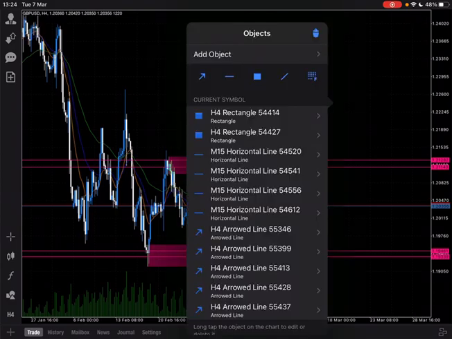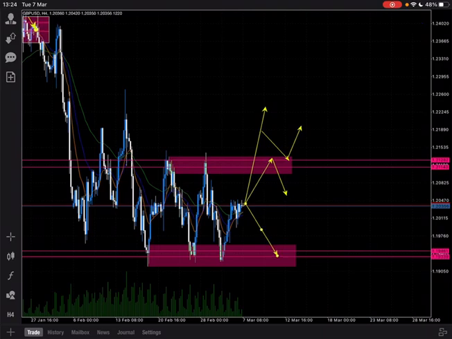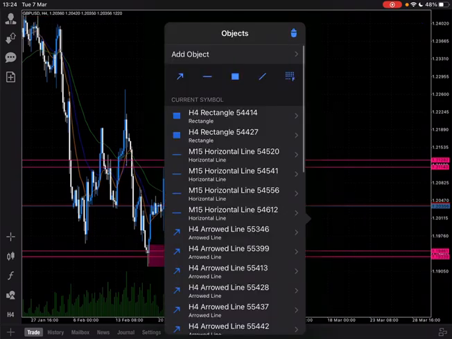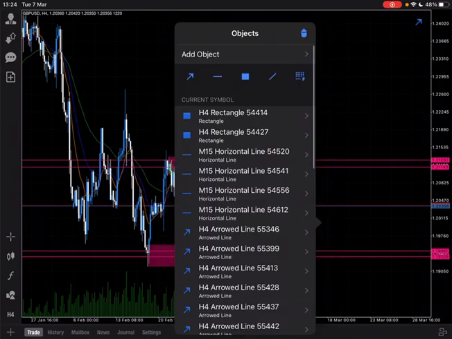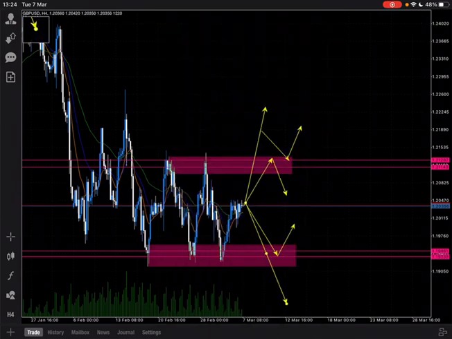Okay, vice versa. If it decides to drop down into our buy zone and respects that, then potentially we can catch a buy back up. But if it decides to break down below, then it might want to test a lower area. Okay, like this.